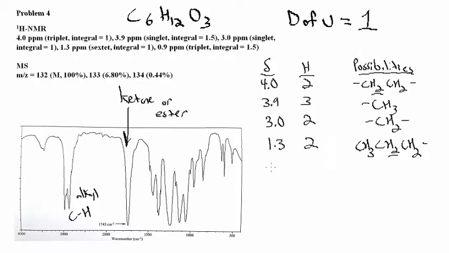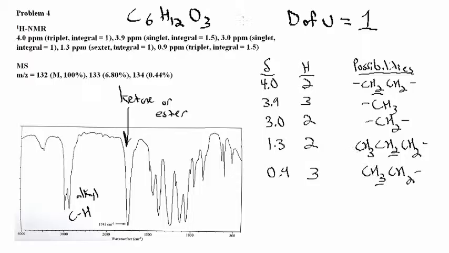And then finally, at 0.9 ppm, we have 3 hydrogens based on the integral of 1.5, and because it's a triplet and we're limited by the number of carbon atoms, this is the most likely structural group: these three hydrogens are the terminal CH3 group.